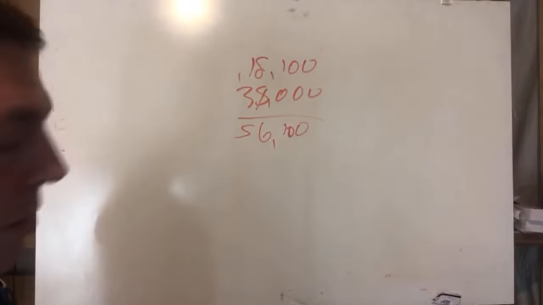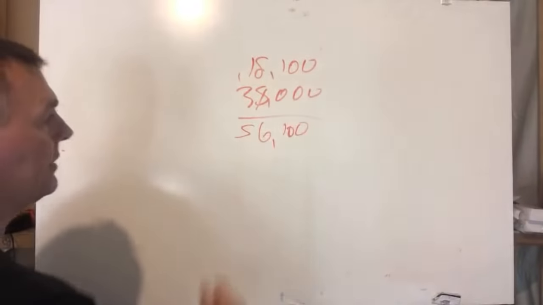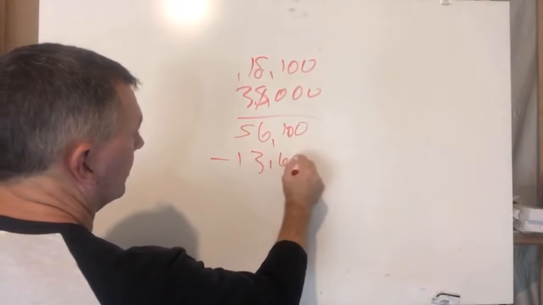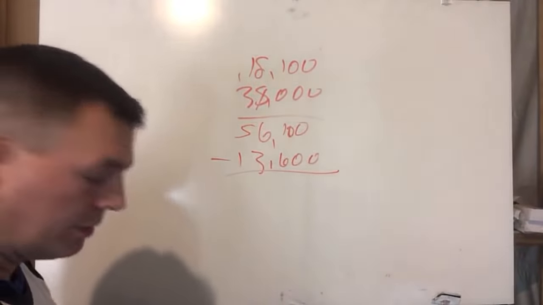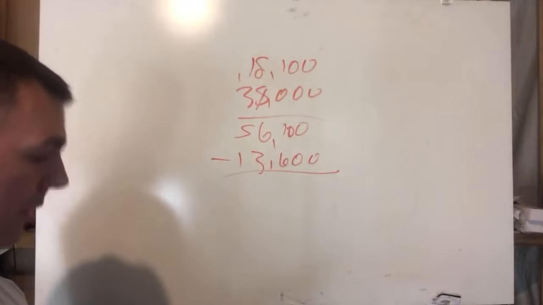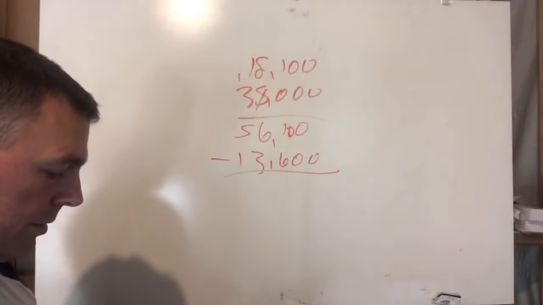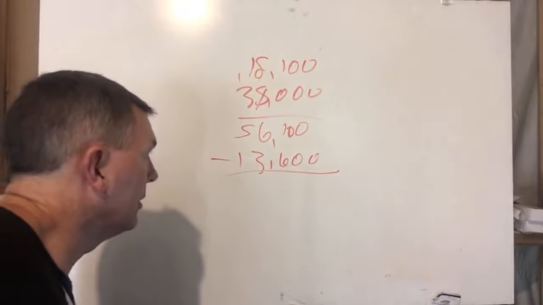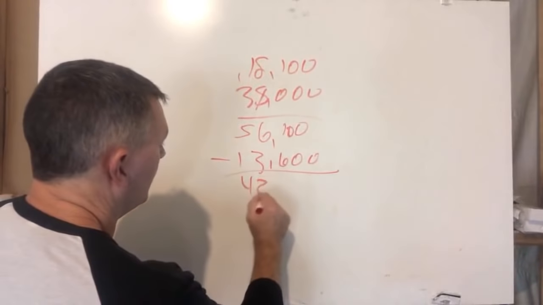That's not Common Core, so that's probably right. 56,100 is your AGI. So we subtract your $13,600 standard deduction, I'm assuming you're single. 56,100 minus 13,600 is $42,500. That is your taxable income.